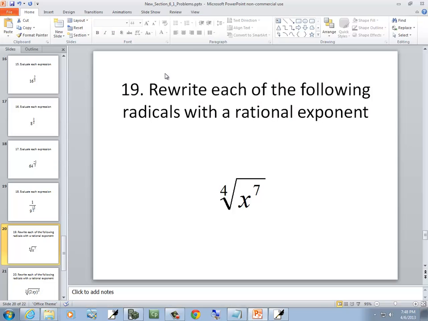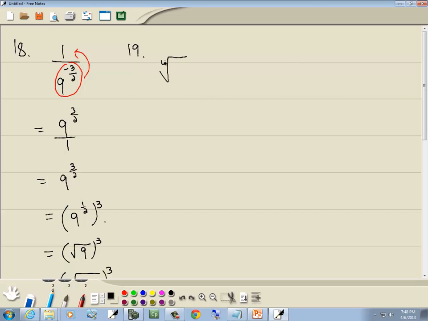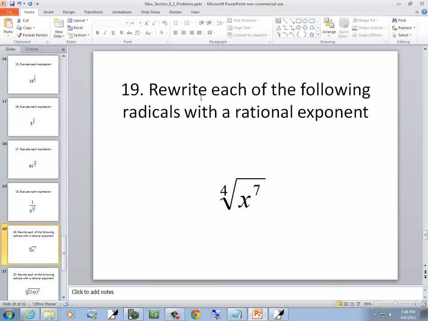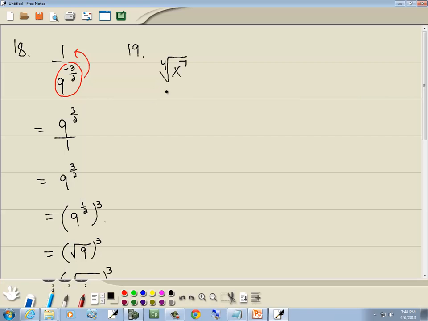Okay, on this one we got the 4th root of x to the 7th. And here's just a few more, rewriting them in rational exponent form. So this is going to become x to the 7/4 power. Again, whatever power is here goes up on top, and whatever your index is goes in your denominator.